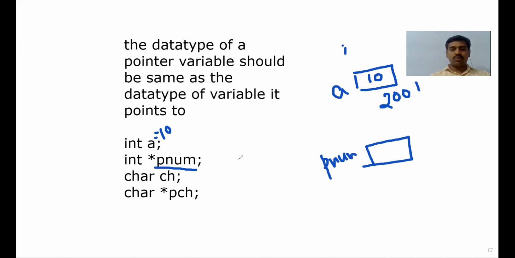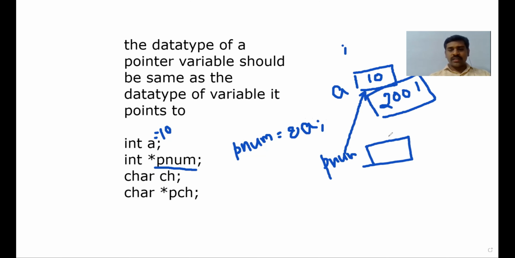What is the value we have to store? Because pointers store only addresses of variables, pnum is equal to, how to bring that address? By using the address of operator with a. So this pnum is pointing to this particular location, and what is the address of a? 2001.